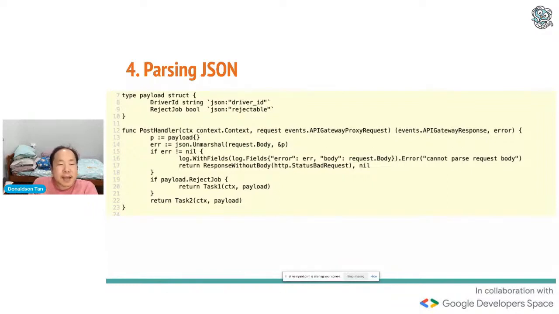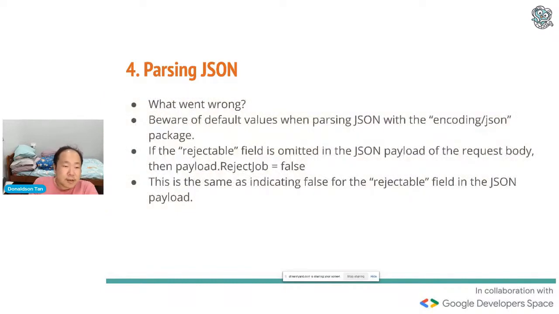We might expect the JSON body to contain the field rejectable, but actually the field might not be there. So if the rejectable field is omitted, you will find that the payload value of reject job will also be false, because that is the default value for that struct.